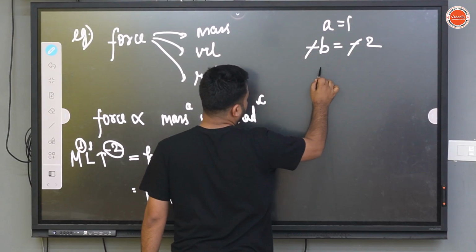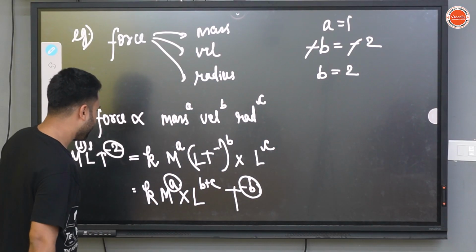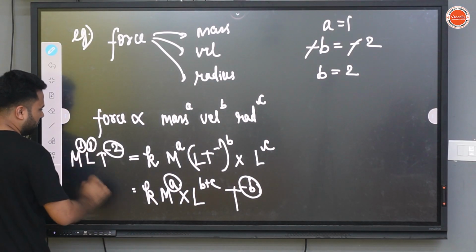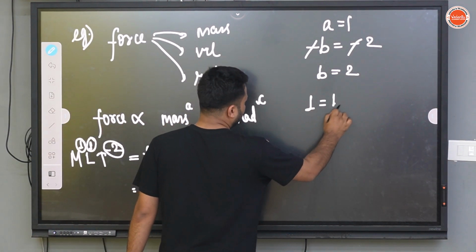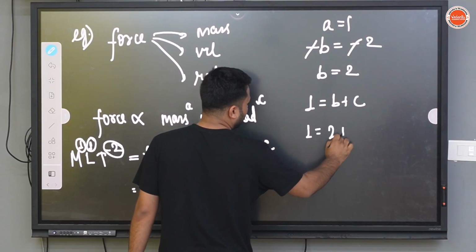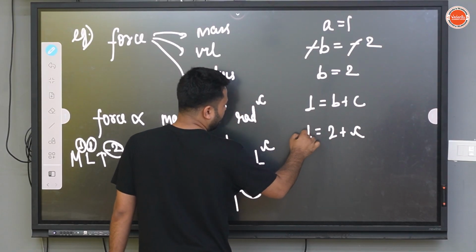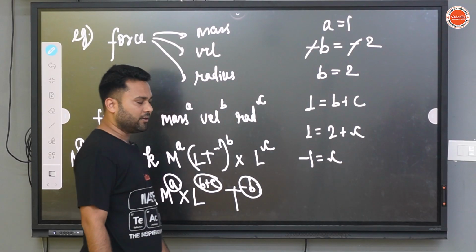Minus minus cancel, so B should be equal to 2. Length: 1 should be equal to B plus C. So 1 should be equal to 2 plus C, so C equals minus 1.